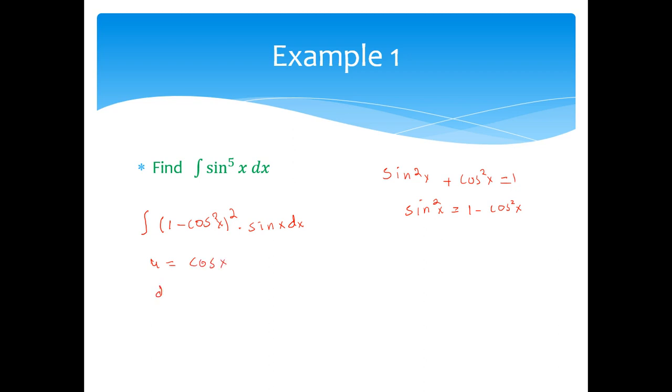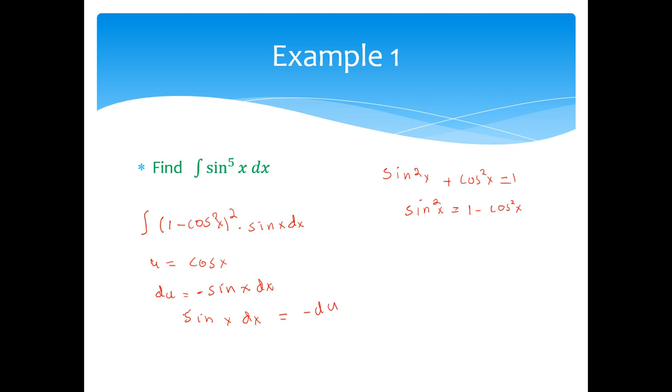Then when we take the derivative, we find that negative sine of x dx is equal to du. So that means sine of x dx equals negative du.